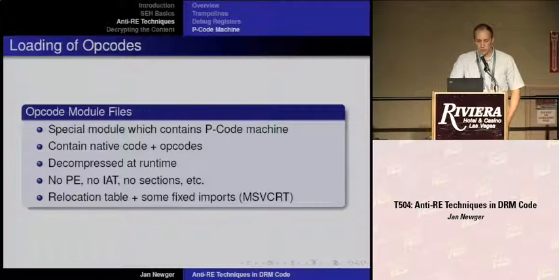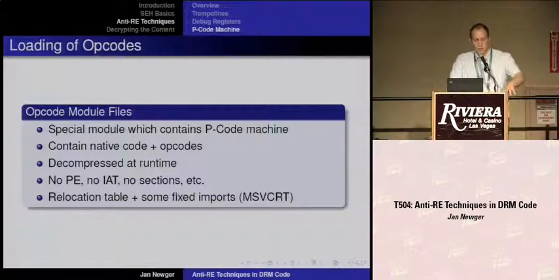Okay, a few words on the opcode module files. These are special files which contain opcodes for the P-code machine. Some of them have some amount of mixed code, that is native code and opcodes. And these files are actually decompressed at runtime by using, I guess it was gzip.